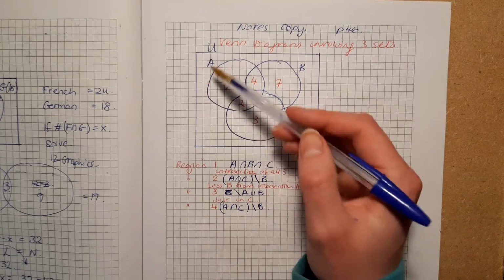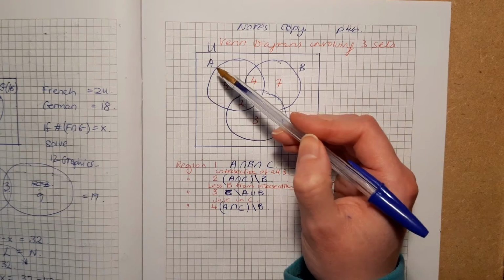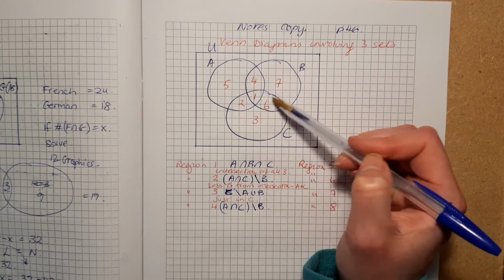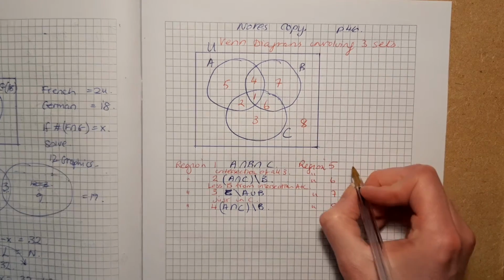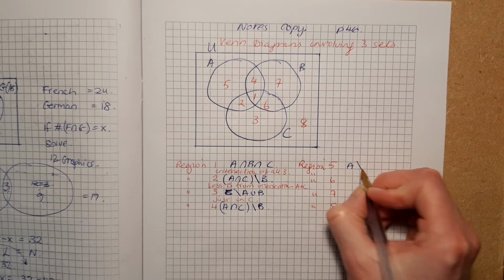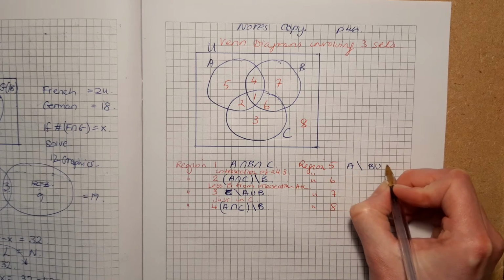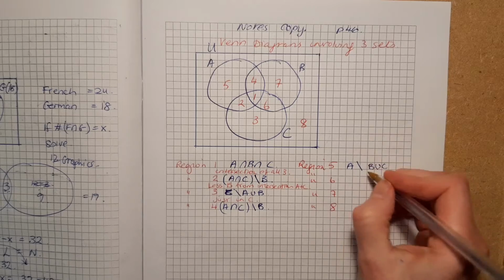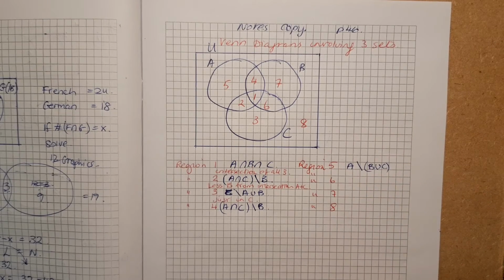Now, in region 5, it's A on its own essentially, and it's taking out B and C together. So it's A less B union C. You're taking away B and C together, and again I'm putting brackets.